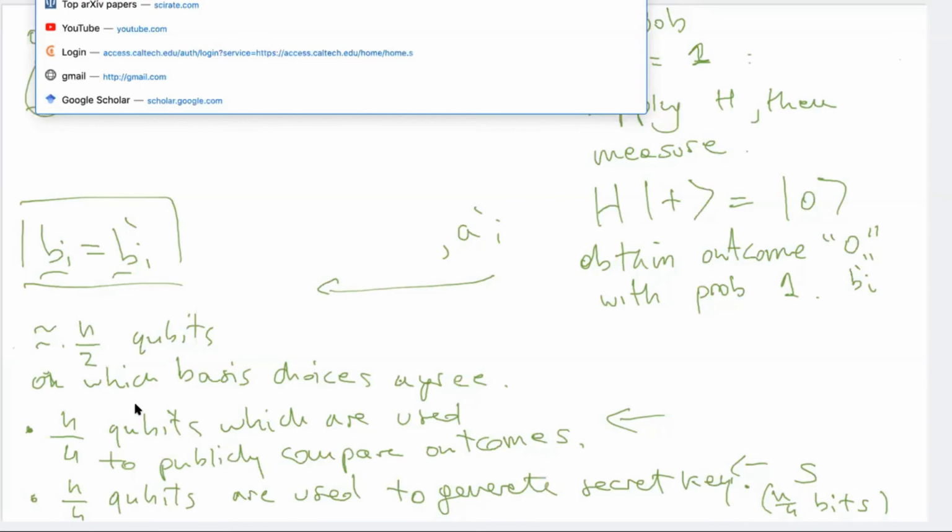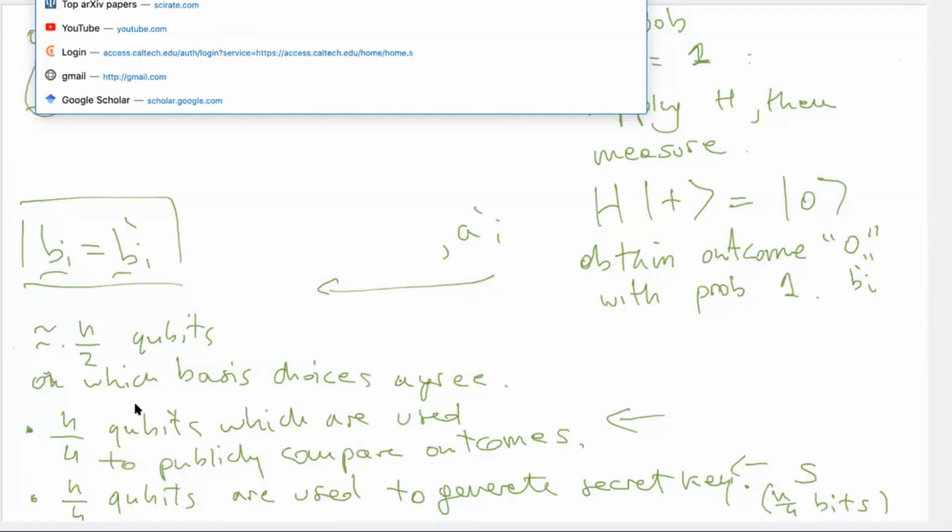There is a standard probability argument: if you check a constant fraction, say n/4 or n/10, of these pairs of bits and they all agree, then the probability that there is some pair of outcomes among the things you haven't checked that do not agree is small.